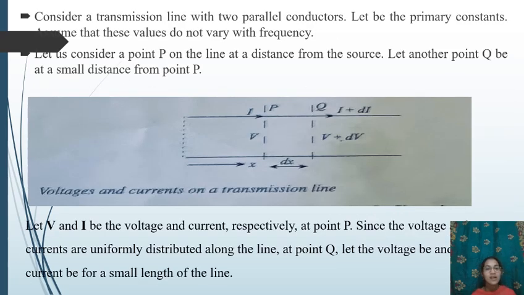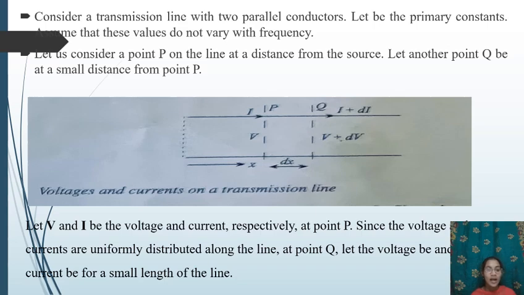Consider a transmission line with two parallel conductors. Let the primary constants be R, L, G and C. Assume these values do not vary with frequency. Let us consider a point P on the line at a distance x from the source. Let another point Q be a small distance dx from the point P, as shown in the figure.